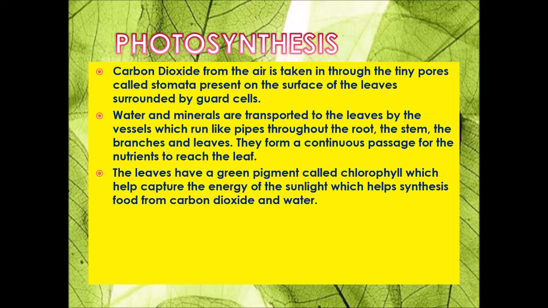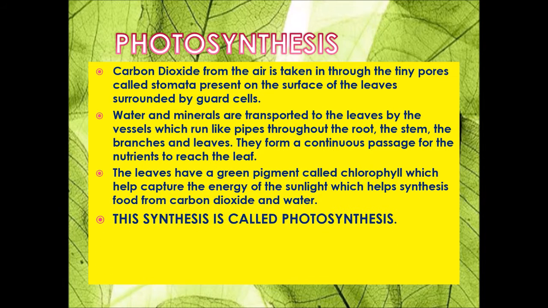This energy is used to synthesize food from carbon dioxide and water. Since the synthesis of food occurs in the presence of sunlight, it is called photosynthesis. Photo means light, synthesize is to combine. So we find that chlorophyll, sunlight, carbon dioxide and water are necessary to carry out the process of photosynthesis.